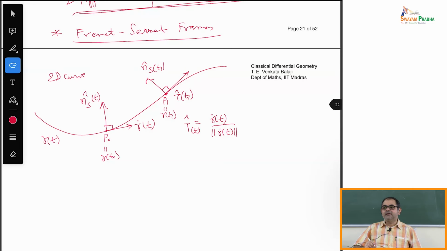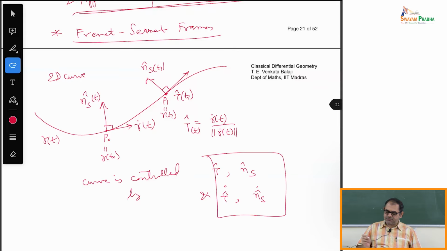For example, take the curve to be arc length parameterized, then it is already unit speed. The tangent vector is already a unit tangent vector, and differentiating that will give you the second derivative, that's the acceleration vector. Its magnitude is the curvature. So you see, what is happening is that the curve is controlled by this T cap, this N cap, and their derivatives, T cap dot, N cap dot. It is controlled by these four things.